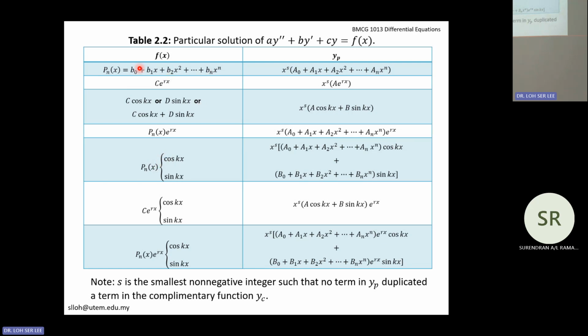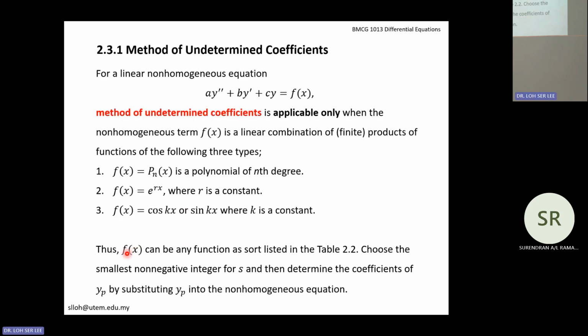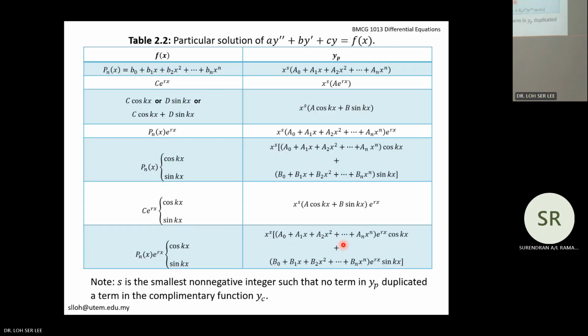This is considered as one category. So 1, 2, 3, 4, 5, 6, 7, you have 7 categories. We can have, for example, this one category plus this one category, so we have 2 categories in that f(x). Now back to this. The f(x) can be any function as shortlisted in table 2.2. This is your f(x).